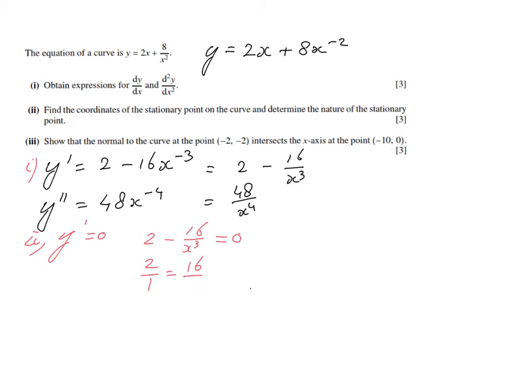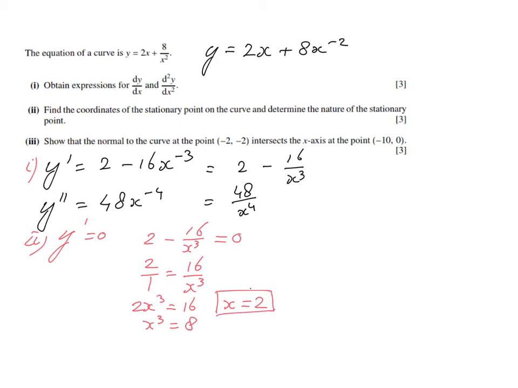I'm going to move that term with x to the other side, so it is positive now. I'm going to do some cross multiplication, so I wrote down 2 as 2 over 1. So I get 2x to the power 3 equals 16, x to the power 3 equals 8, so x equals the cube root of 8, which is 2. There you go.